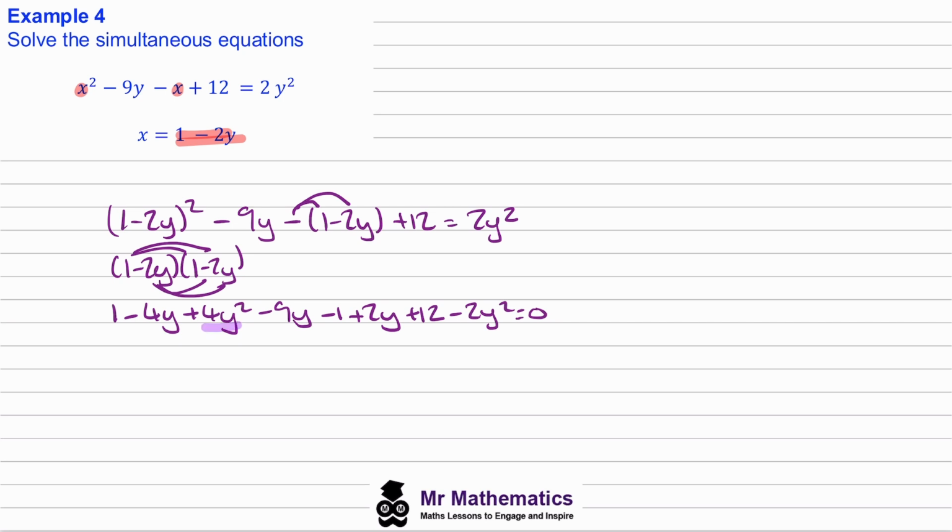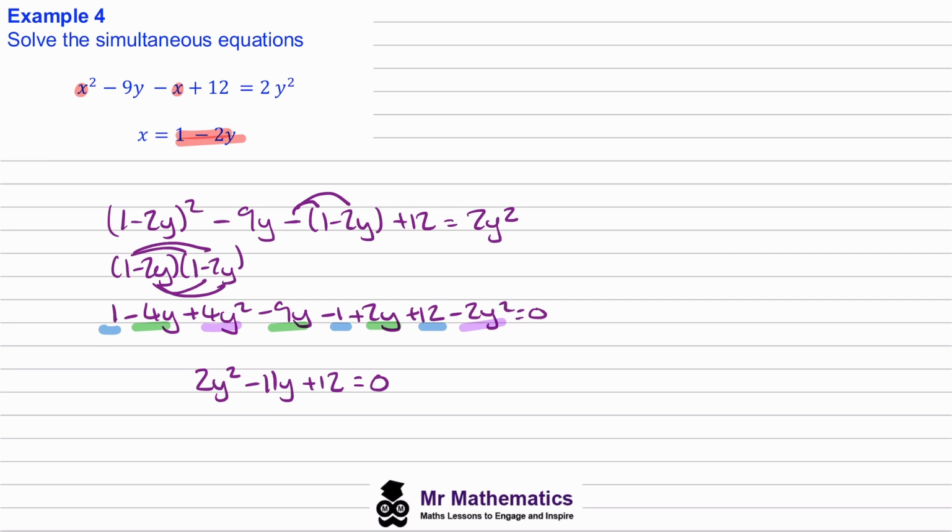We'll collect the y squared terms and the y terms and the constants all separately. So 2y squared minus the 11y plus 12 will equal 0.